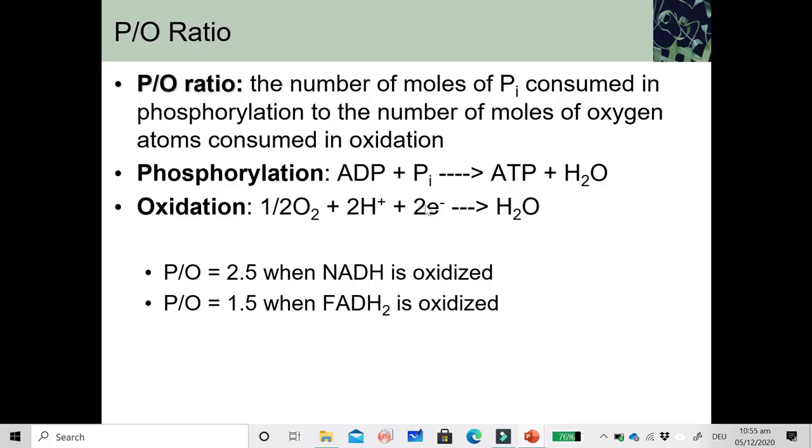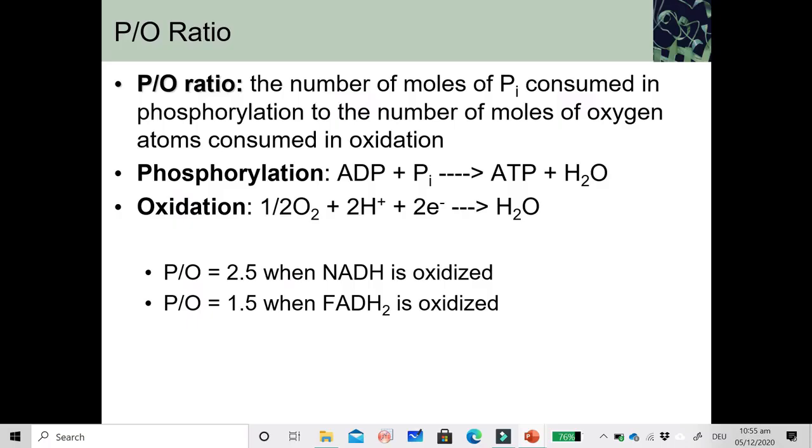So these 2 electrons actually come from 1 NADH or 1 FADH2. So when you say P to O ratio, the number of moles of inorganic phosphate to the number of moles of oxygen, that corresponds to the number of moles of ATP generated for every 2 moles of electrons transferred along the electron transport chain, or for every 1 mole of NADH or 1 mole of FADH2.